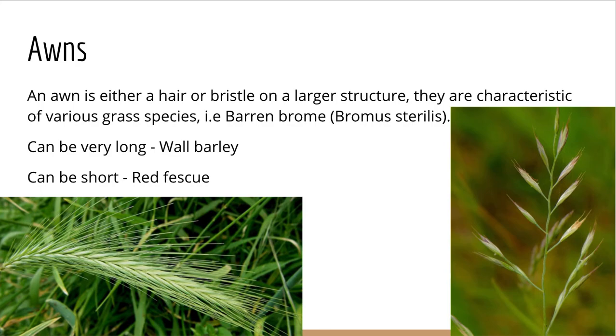Now the picture on the left is actually a wavy hairgrass, and you can see it's quite long, the awns, this outgrowth here. Quite a few of them. And then if we move to the image on the right, which is red fescue, you can see it's really quite small. So you've got the long awn on the wavy hairgrass compared to the short awn on the red fescue.